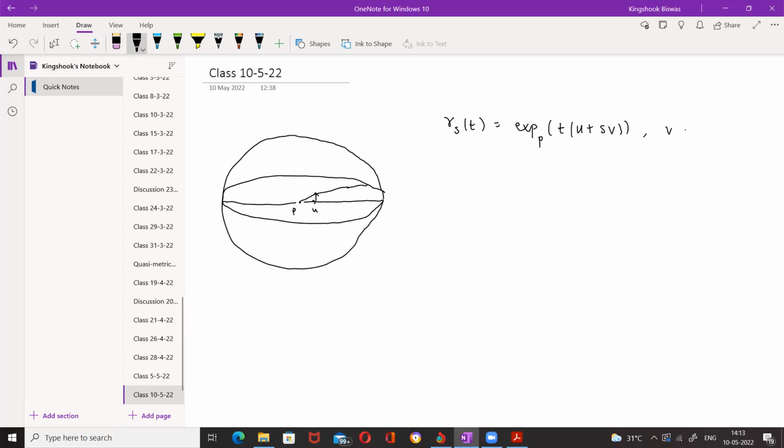V an element of U perp in T_P Hn. Okay. And your Jacobi field you can get by differentiating this. So J(t) is the partial derivative with respect to s at s equal to 0 of gamma_s(t), right? Okay, so then J(0) is 0.